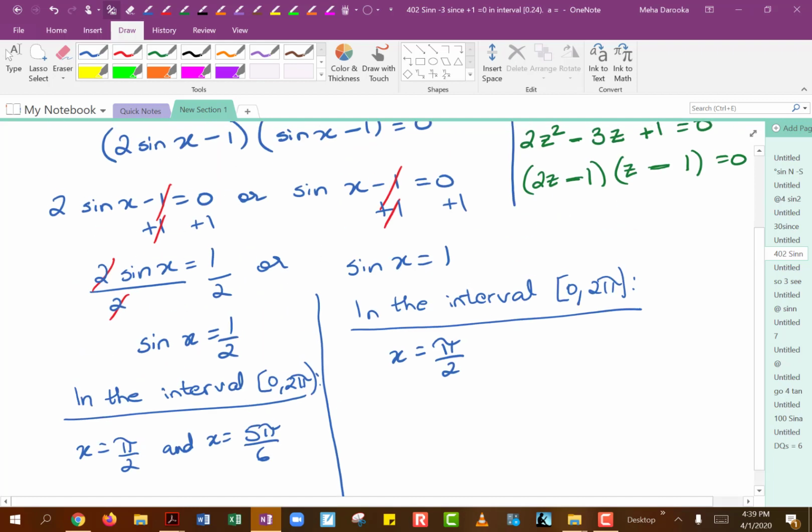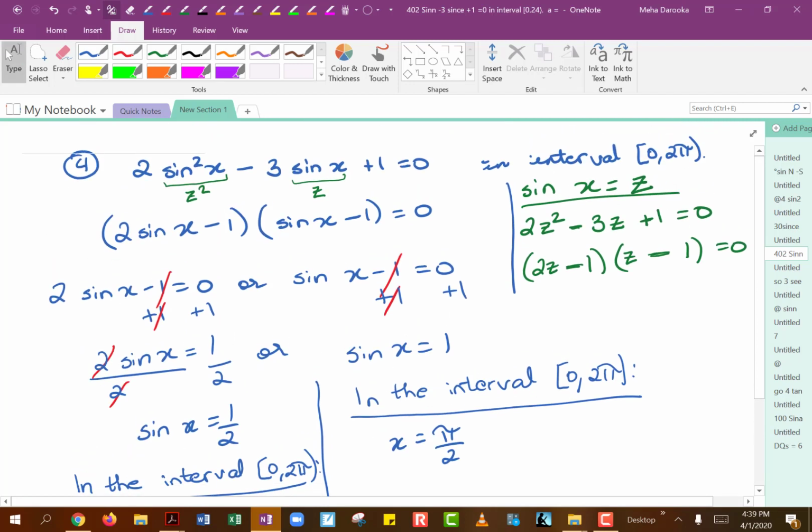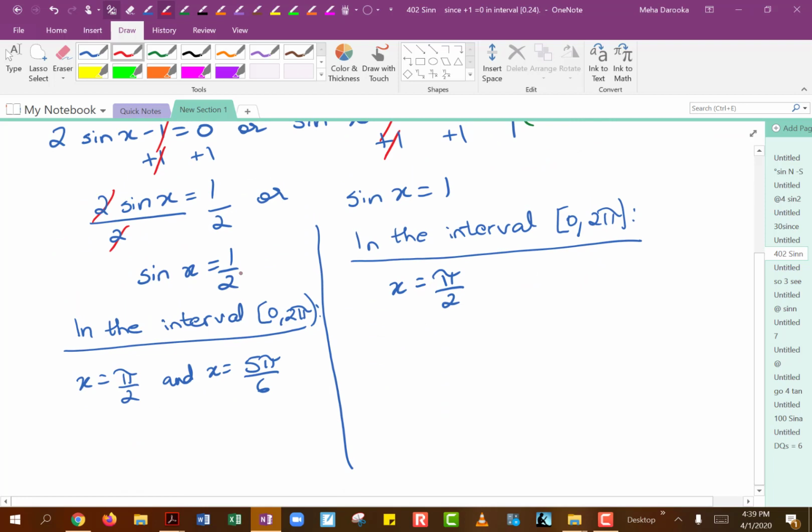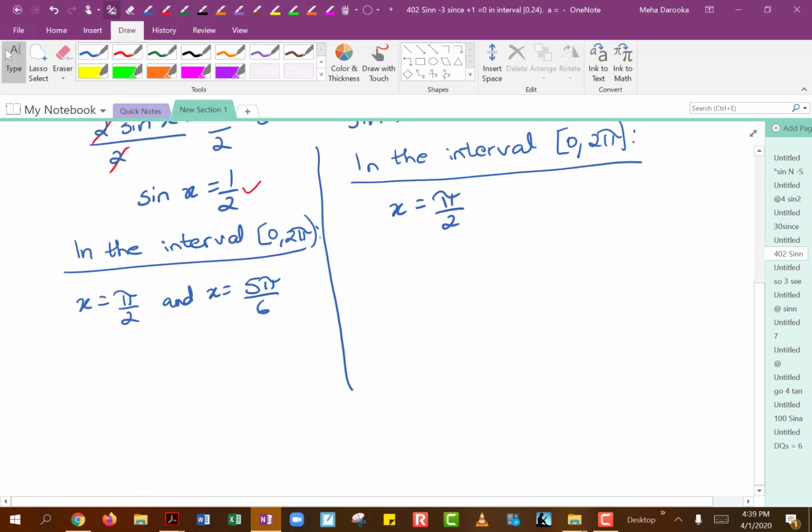So again, remember, they are not asking us for the general form. They are asking us for the answers only in the interval from 0 to 2 pi, and we know the sine function is going to be positive in quadrant 1 and quadrant 2. So that's why we're only using these three angles. We're not looking at quadrant 3 or quadrant 4.